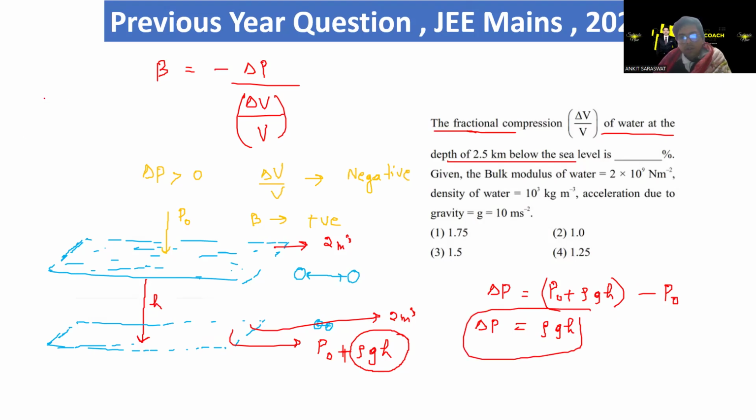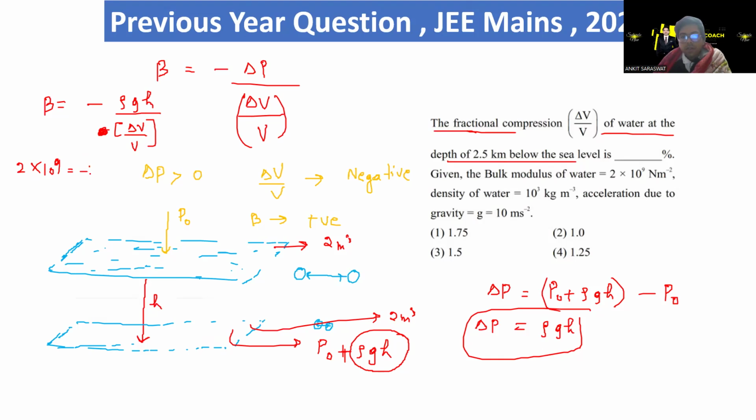So just put this value, rho gh. This quantity comes out to be negative. Clear? Because you are going to find this, no need to put the sign. You will get this value negative. Bulk modulus is 2 into 10 to the power 9.